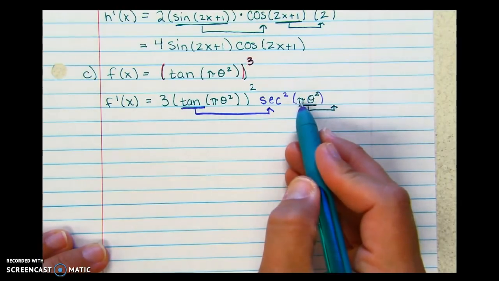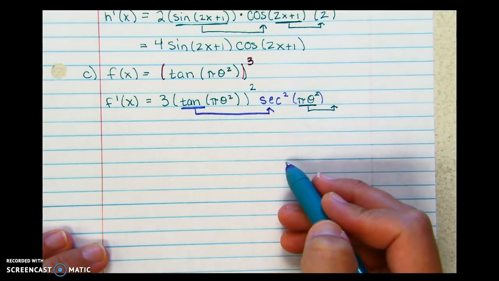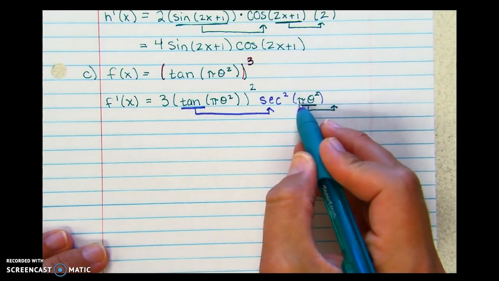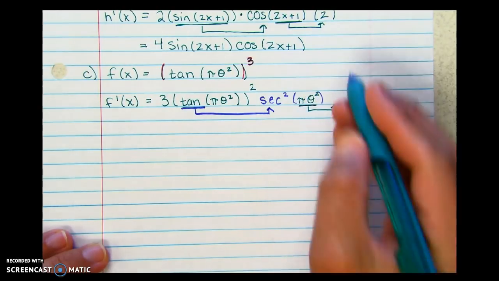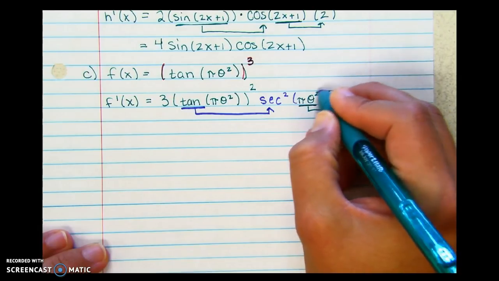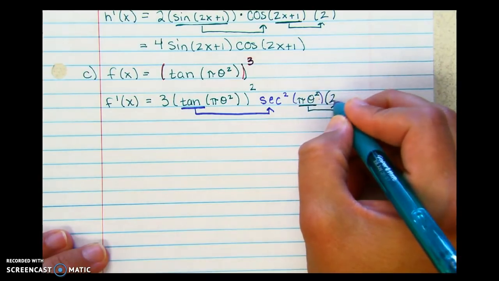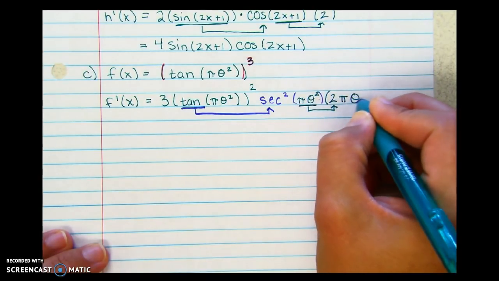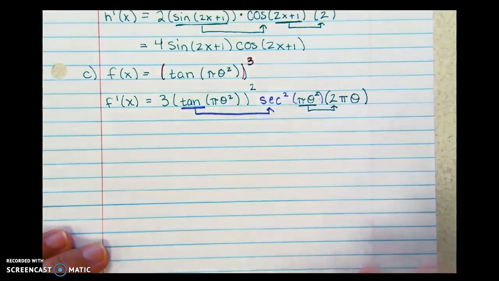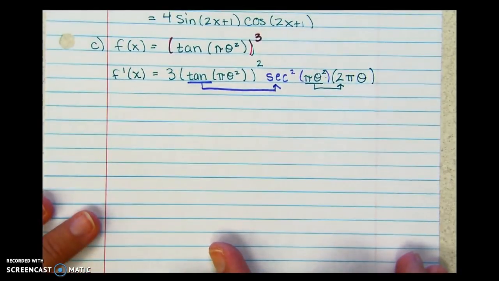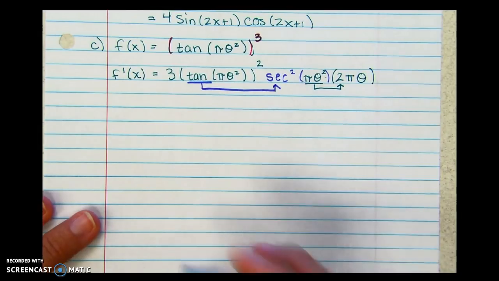Pretend this is 3x squared. What would the derivative of 3x squared be? Well, you would do 2 times 3. So 2 pi theta to the power of 1. All right, what can we bring to the front?